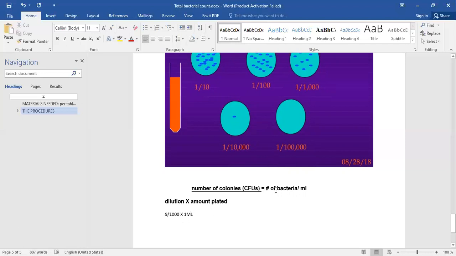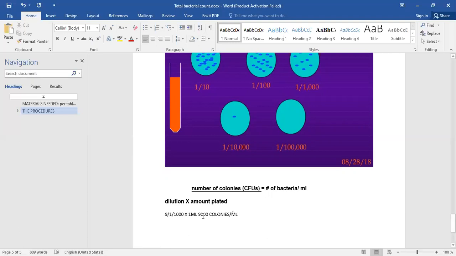So we know that when 1 by 1000 goes upside, it will become 9000 colonies per ml.